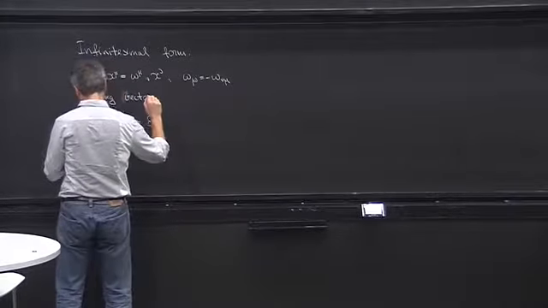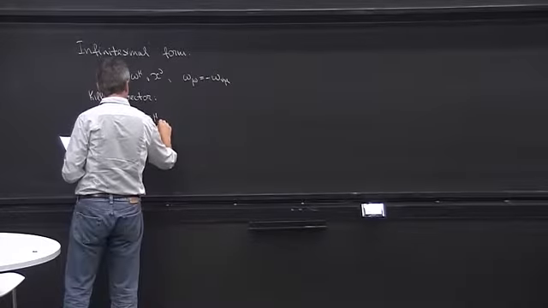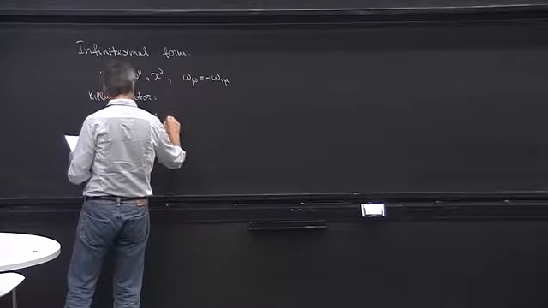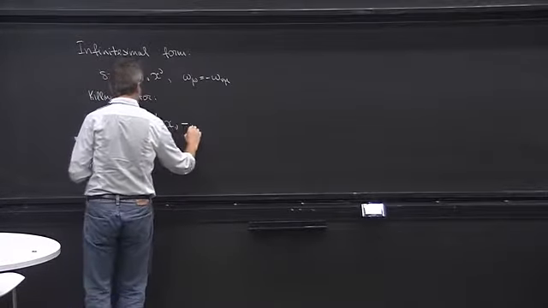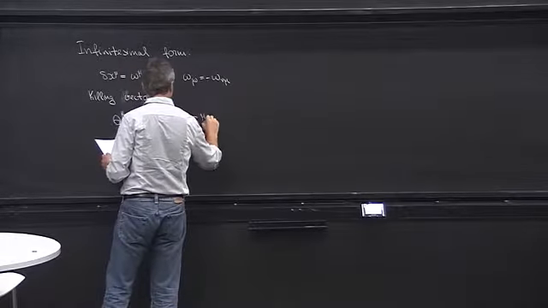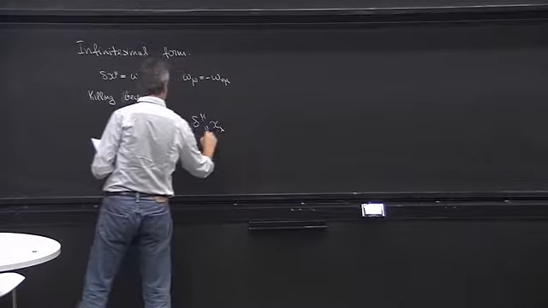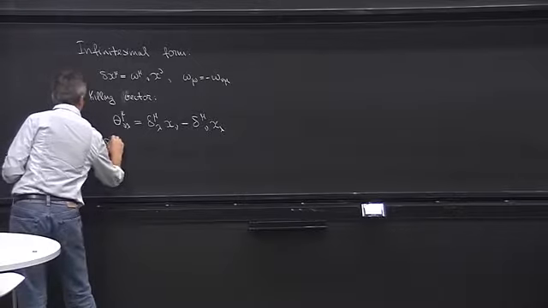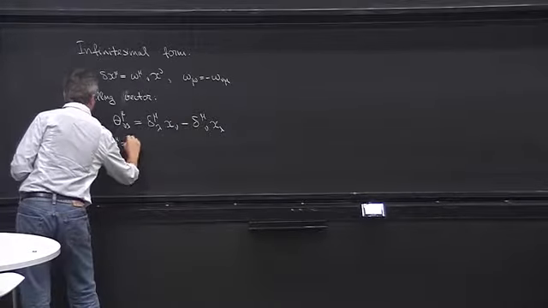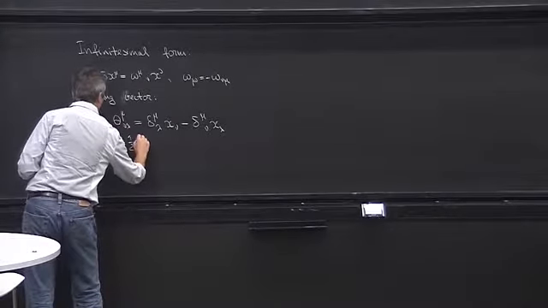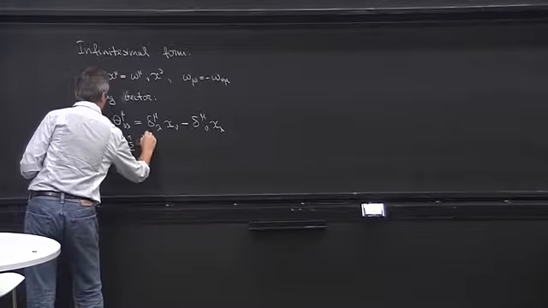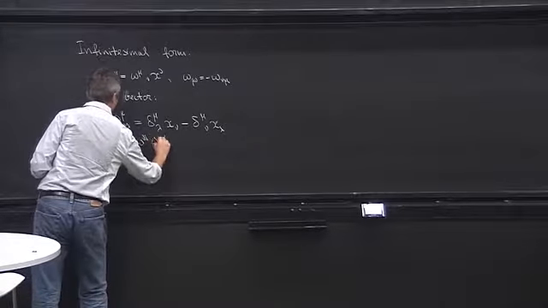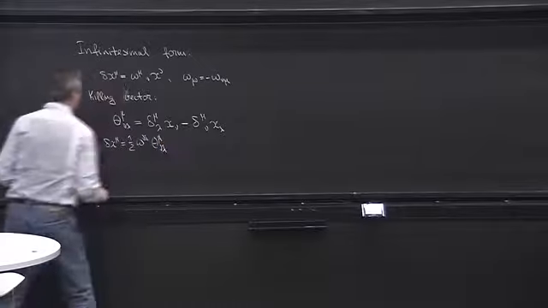And so this will be equal to delta mu lambda x mu minus delta mu x lambda, such that delta x mu is 1/2 omega nu lambda theta mu lambda. Okay.